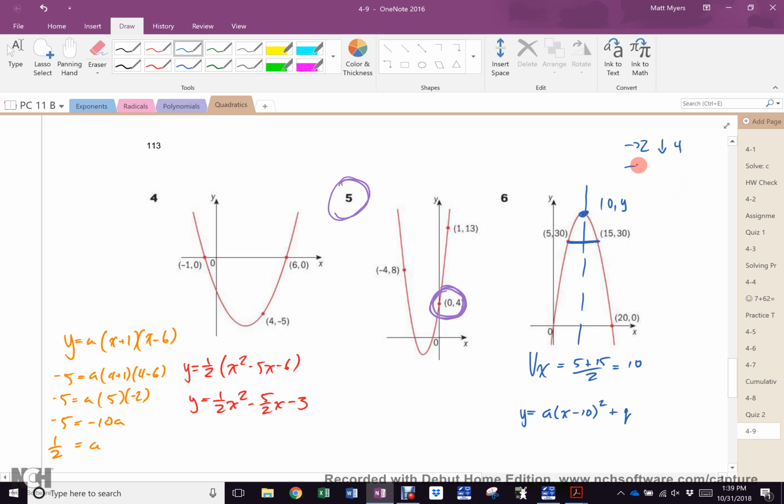And if I go over 3, I should go down 9, right? If I go over 4, I should go down 16. And if I go over 5, I should go down how far? 25, right? And if I go over 6, 36. Everybody knows this pattern, yes?